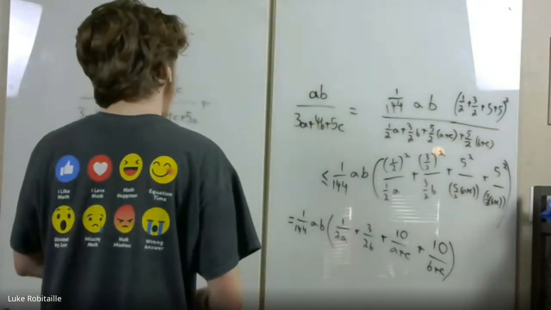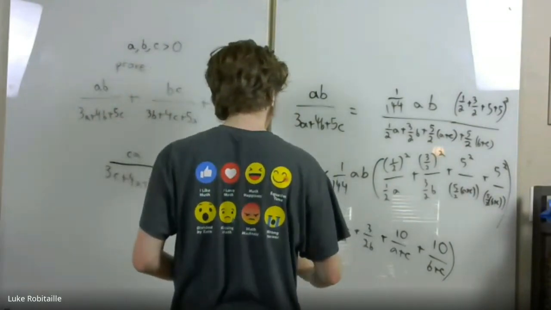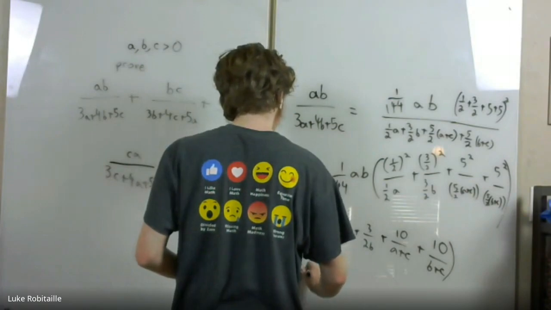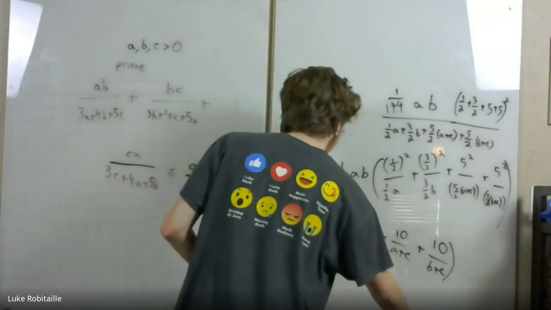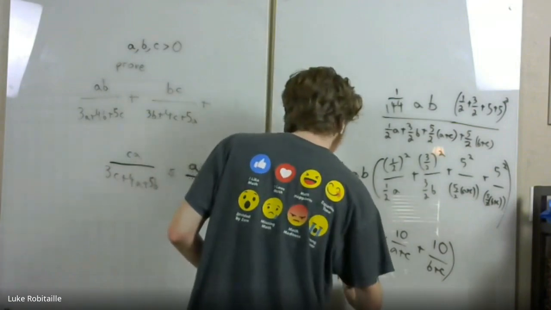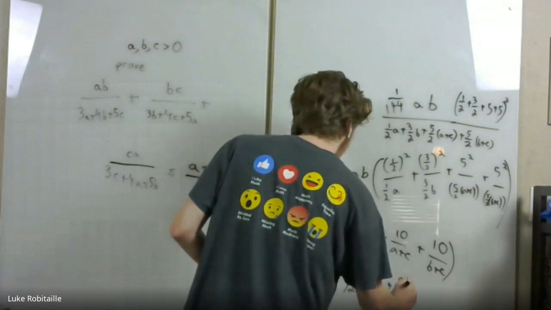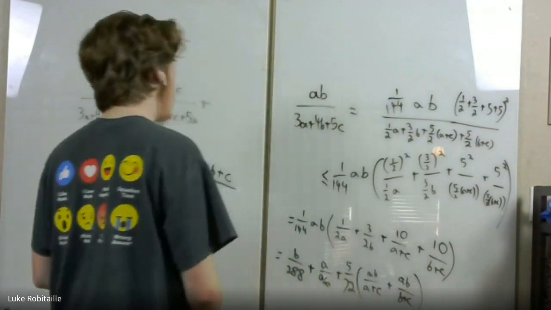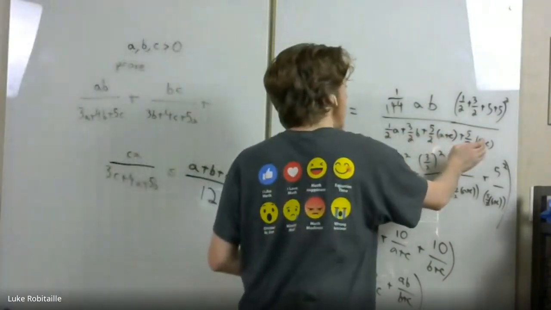Okay. And now we get B over 288 plus A over 96 plus 5/72 times AB over A plus C plus AB over B plus C. Now we will see the reason why we cared about having the same coefficient of 5/2 here and here.